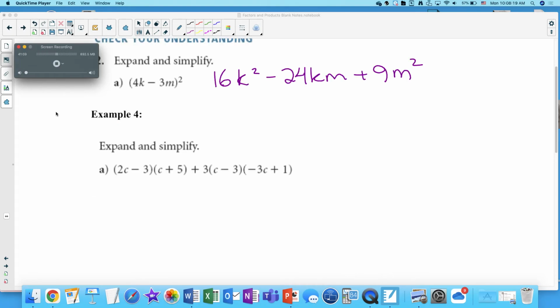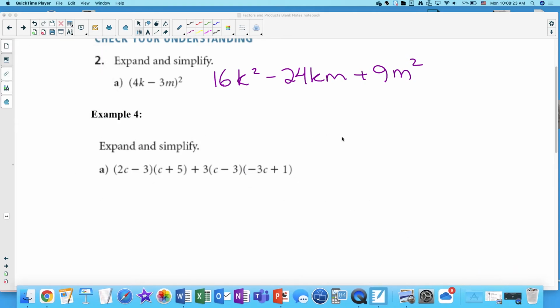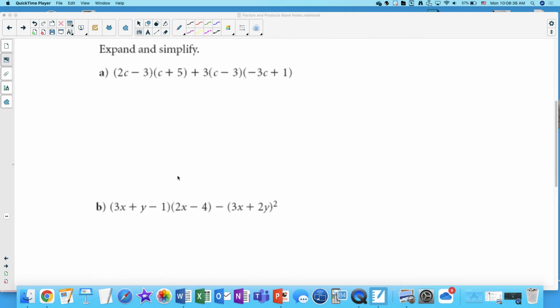To keep in mind is order of operations, because this is going to take several steps. So we have to think about what the operations are between these different polynomials, and how we're going to plan this out so that we can do things in the correct order. So when we look here, what is going on between the 2c minus 3 and the c plus 5?